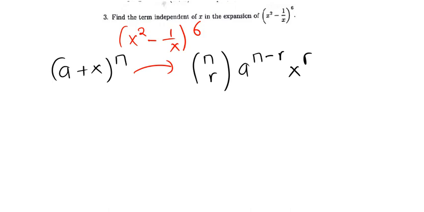That's what it implies. So if they ask you to find, say, the second term, since we start counting from 0, it will be the term having n choose 1.